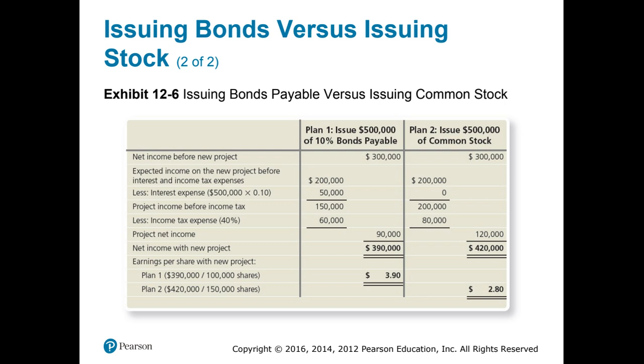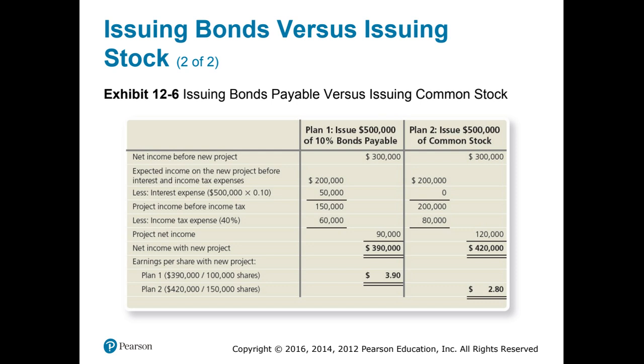It's 150,000, whereas with plan 2 we're still at 200,000. Then we take out the income tax expense, which is 40%. So 40% of 150 is 60, and 40% of 200 is 80. Now our project net income for plan 1 is 90,000, and for plan 2 it is 120,000.